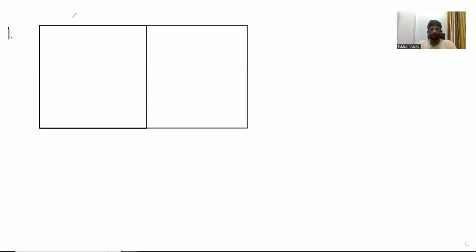And then you are left with this remaining rectangle. It's not getting smaller.